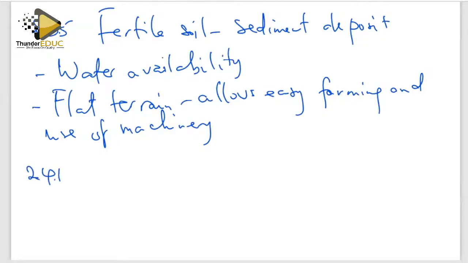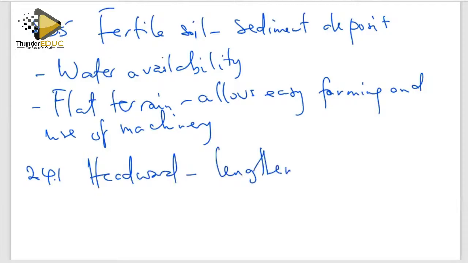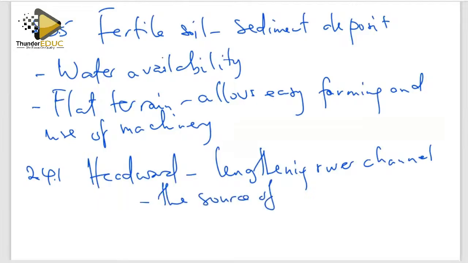That's number 2.4.1. When we talk of headward erosion, it's a type of erosion which is responsible for lengthening a river channel. How does it operate? Headward erosion operates in the sense that the source of the river migrates upwards.